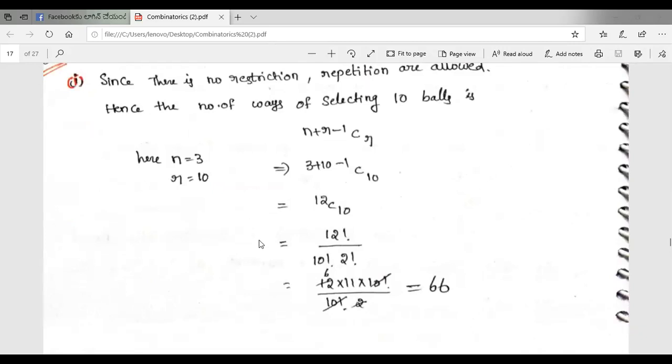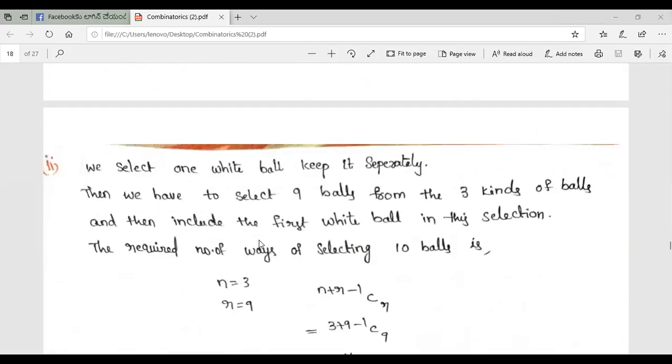Okay, second question: at least one white ball must be selected. So first we select one white ball and keep it separately. Then we have to select 9 balls from the 3 kinds of balls and then include the first white ball in this selection.